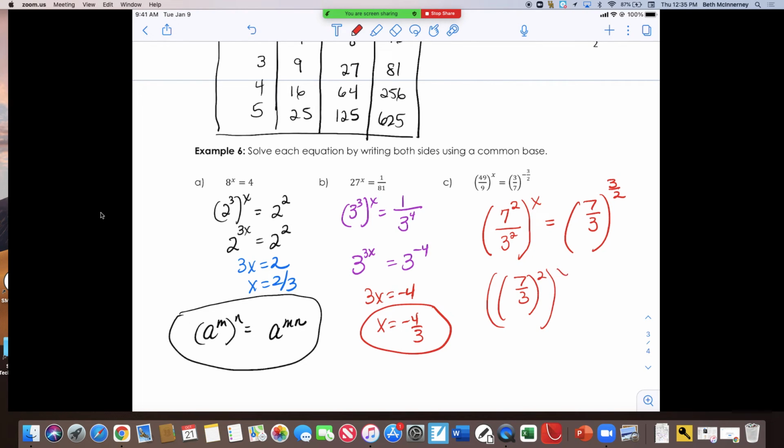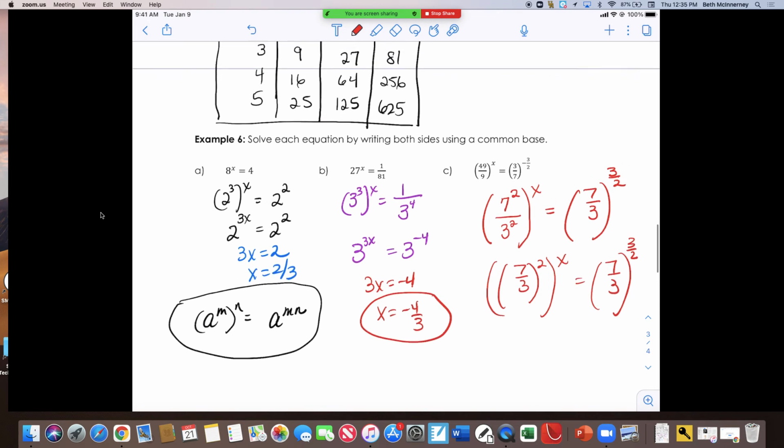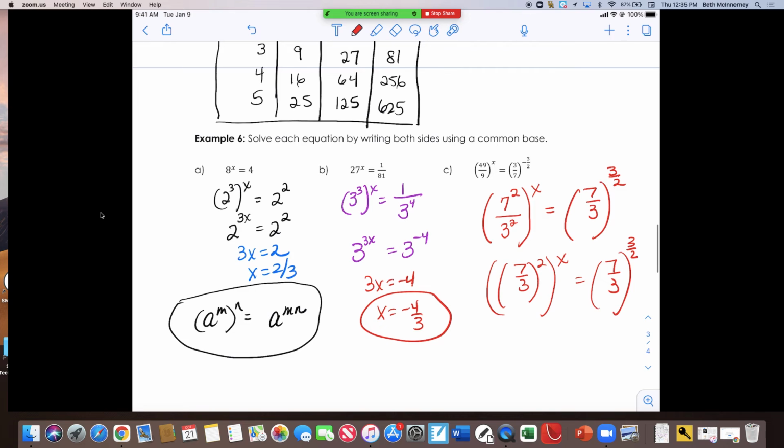Yeah, that's a better route. And do you notice, I started writing that and went, yuck? Guess what? That happens and it's okay. Then you back it up and go, wait, that's not the direction I want to go. Okay? So 7 and 3 are both squared, so I can pull the square out. Then that's 7/3 to the 2x. There we go. That's working for me now.